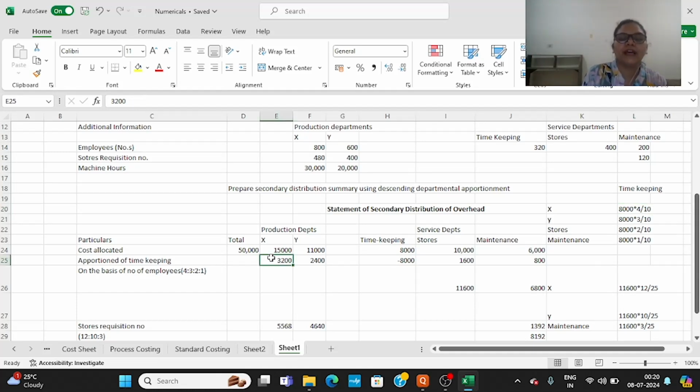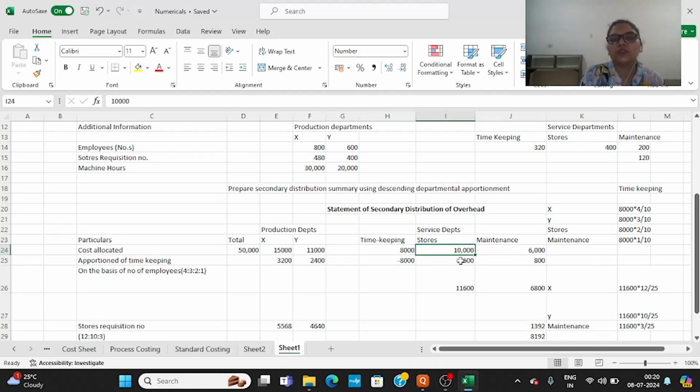And the values come out to be, for X 3200, for Y 2400, stores 1600, and maintenance 800. Now this total cost for the timekeeping department, 8,000, is completely finished.